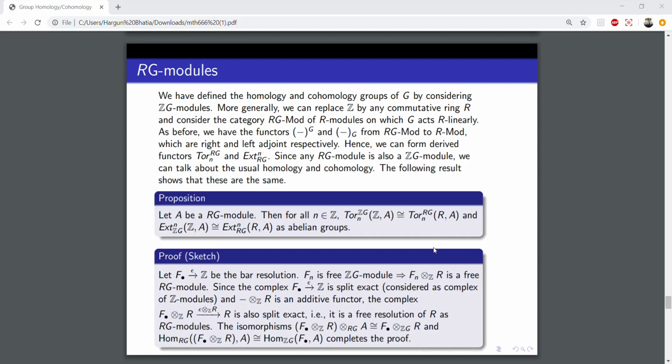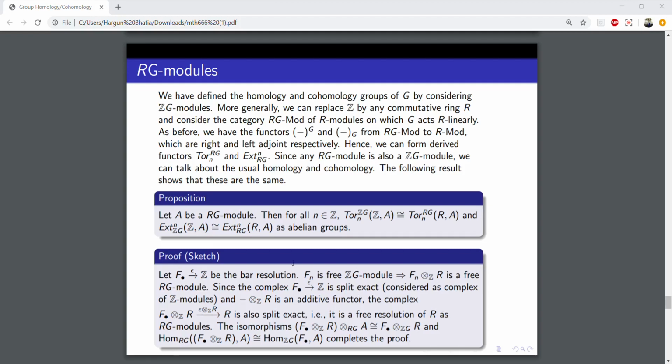Now it's almost finished. How to compute this Tor group: I will take this chain complex and tensor this with A. So I take this F tensor R over Z, tensor this with A over RG. But notice that this is isomorphic to F tensor R over ZG, because actually this bracket thing is isomorphic to F tensor RG over ZG, and hence you can get this thing.